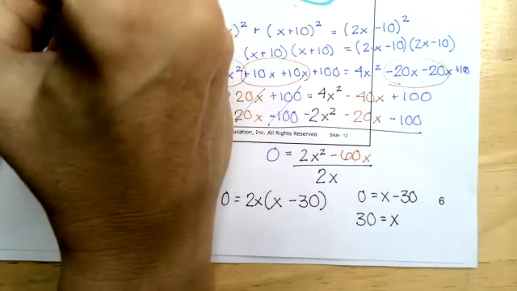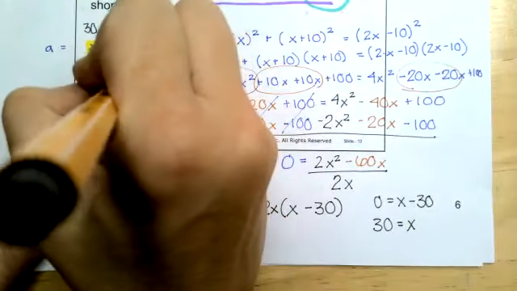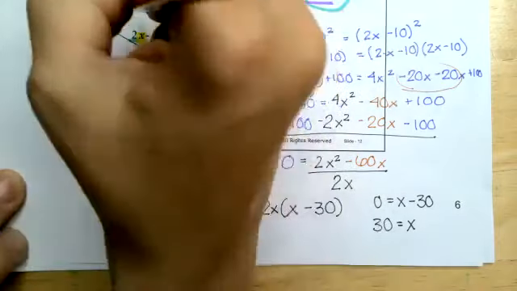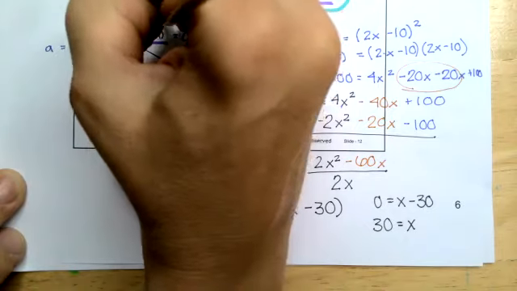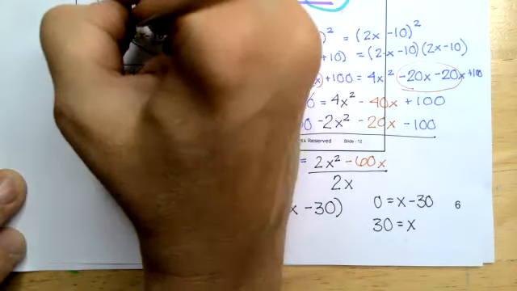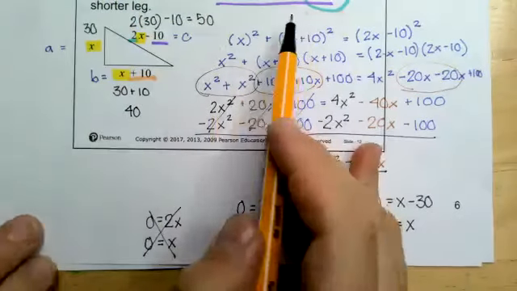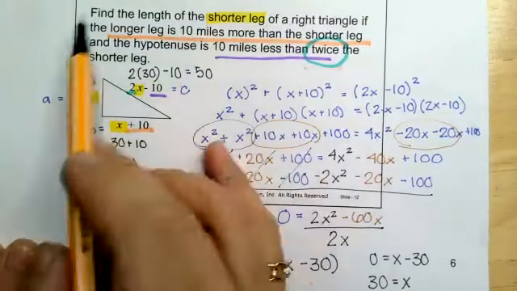So this leg is 30 because x is 30. This leg is 30 plus 10 or 40. And this leg is 60 minus 10, so 50. Oh no, it only asks you to find the shorter leg. Don't worry about it, but it might ask you to find all the legs.